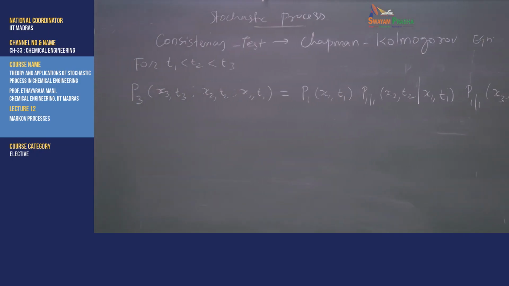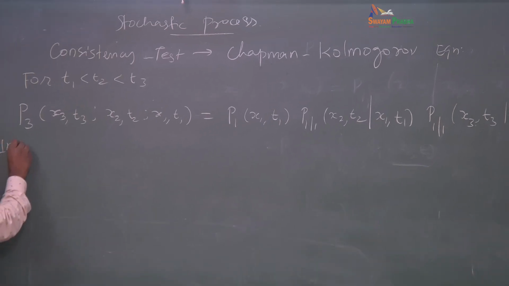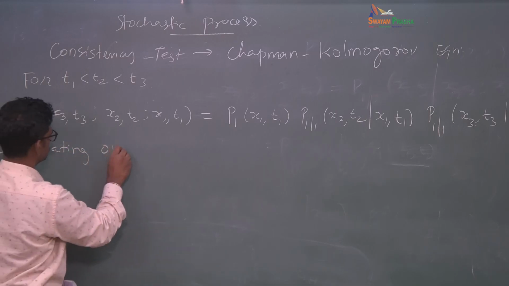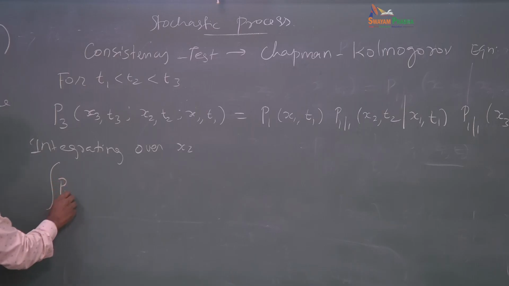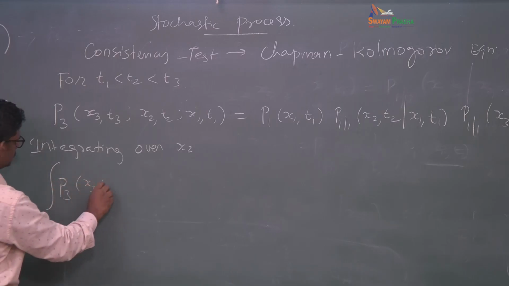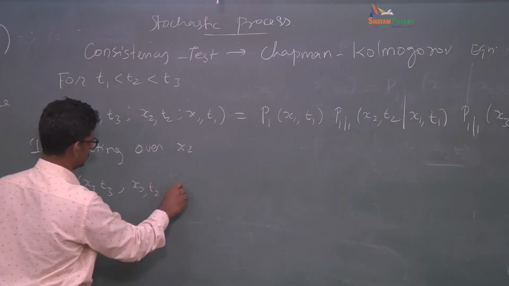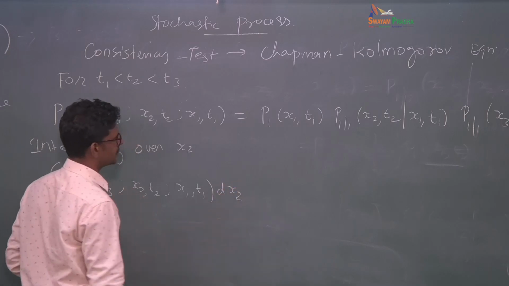Now what we can do is integrate this with respect to all possible x2, so integrating over x2, dx2.